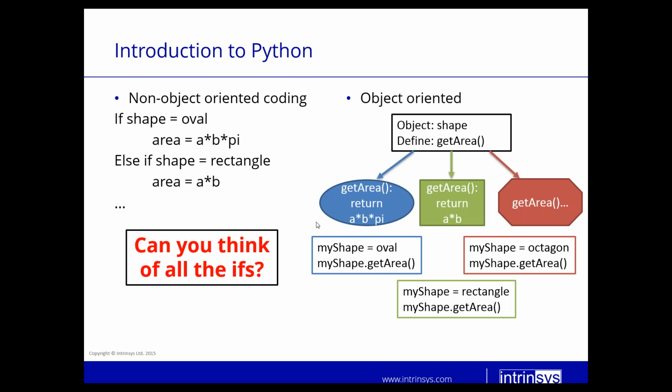As you see, for one or two different options, there's not a big difference. However, as soon as you start to expand, so you have like a third shape, for example, you see that it's much easier to encapsulate everything within that object as opposed to keep expanding your if-else tree.